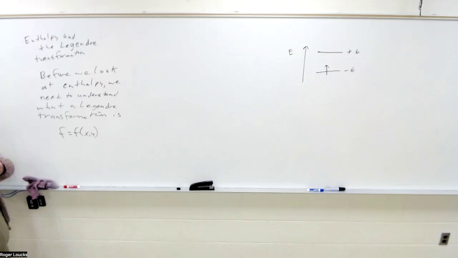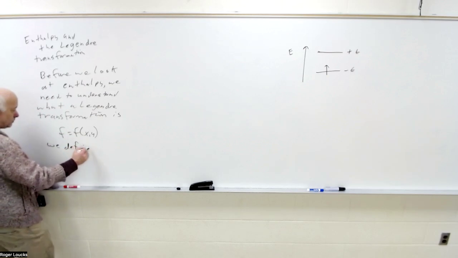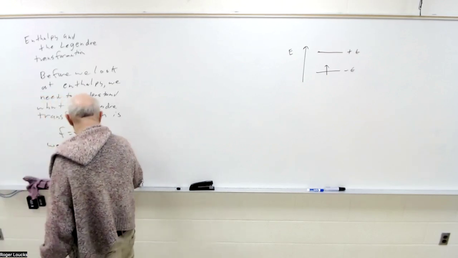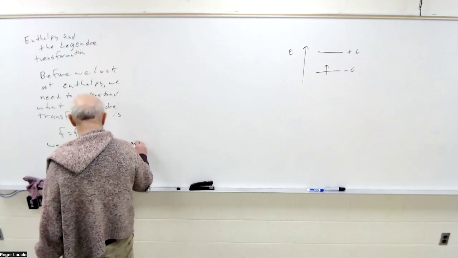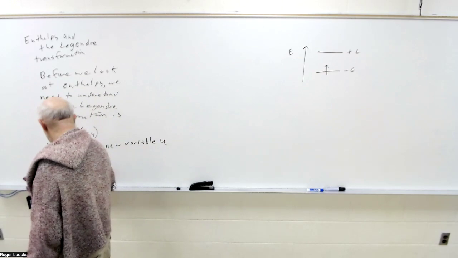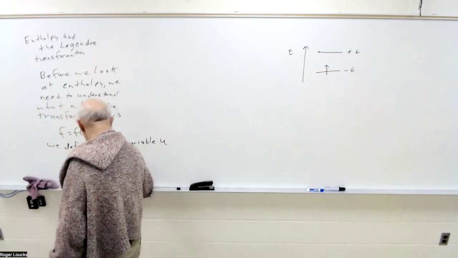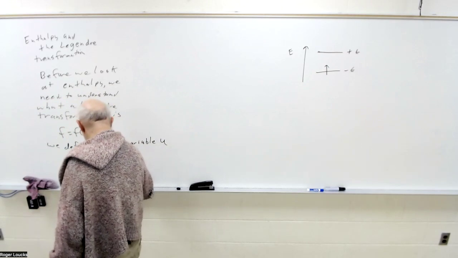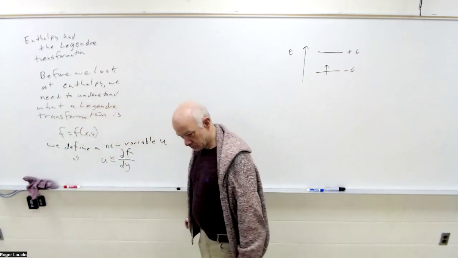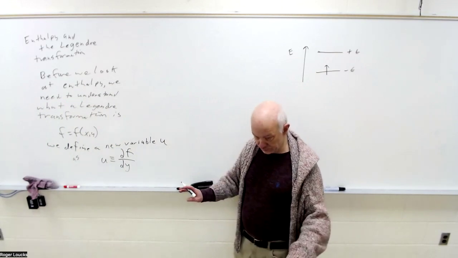And what I want to do is define a new variable u. Let's say u is, by definition, the partial of f with respect to y. That's just how I'm defining it.